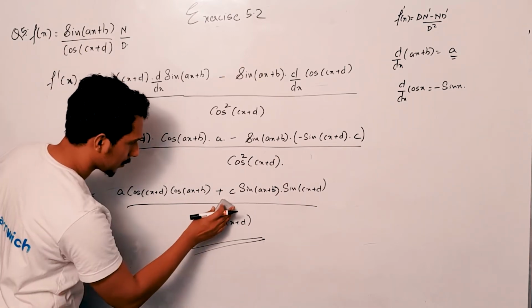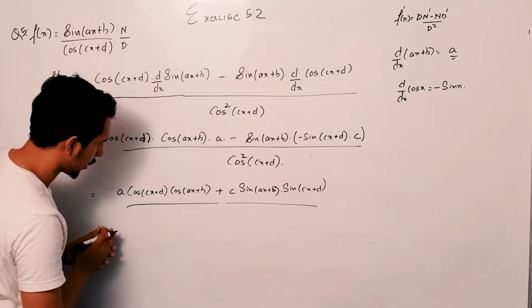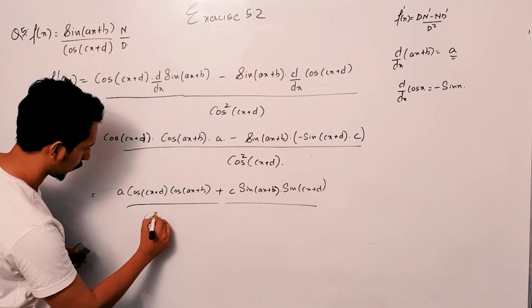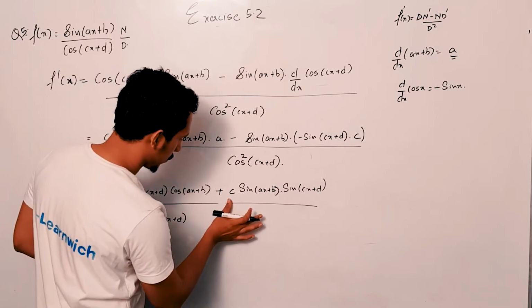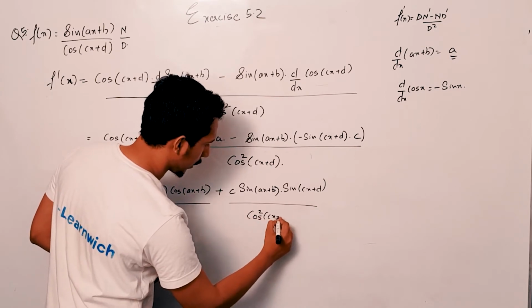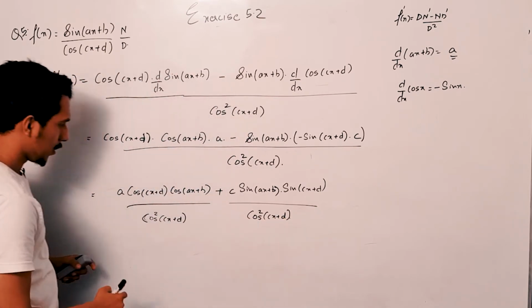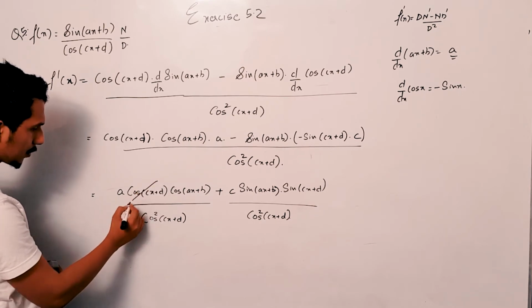You know what I'll do? I'll just split this fraction, like cos square cx plus d here, plus cos square cx plus d here. From here, one of the cos will get cancelled with this one. This is gone.